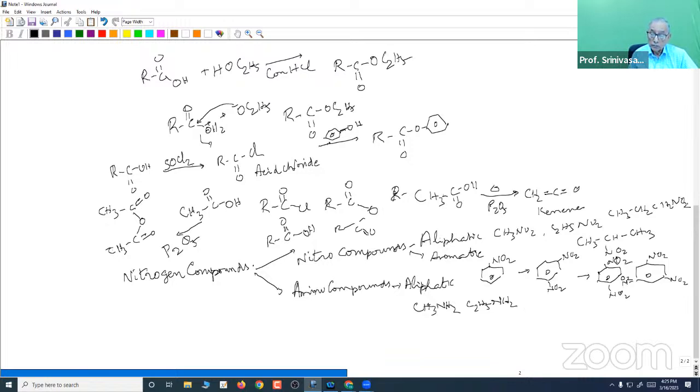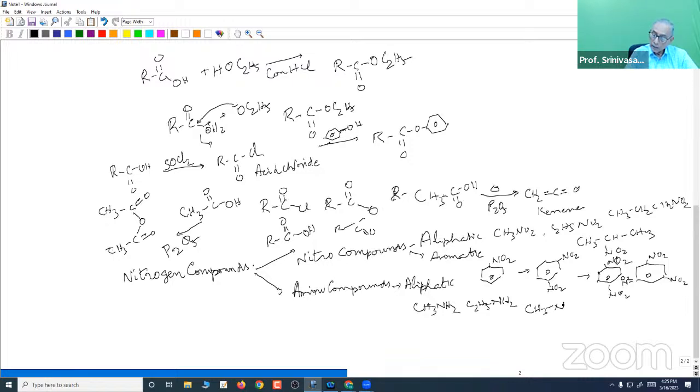In addition to just the division of amines into aliphatic and aromatic, the amines are further divided into primary amine, secondary amine, and tertiary amine. This is the example of primary amine, amino group attached directly to the alkyl group. This is also primary amine. They contain NH2 group.